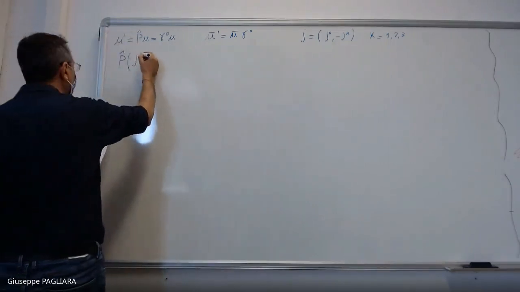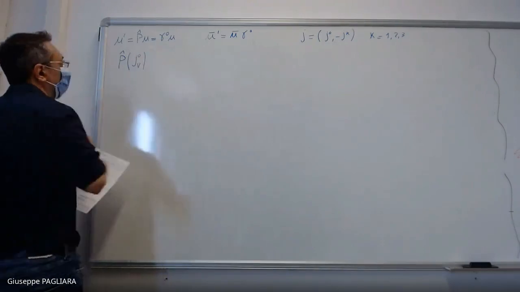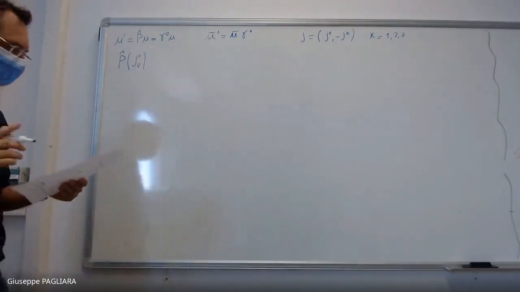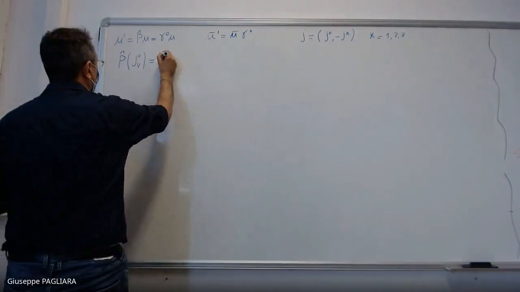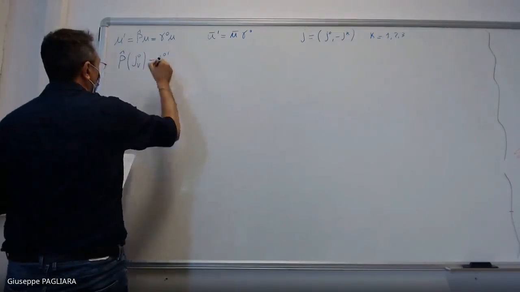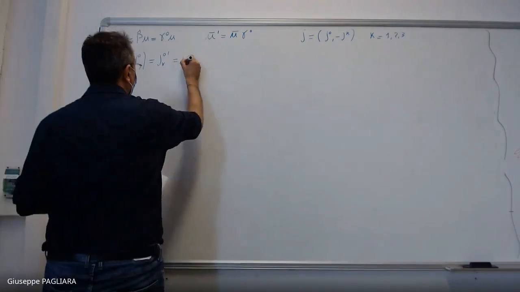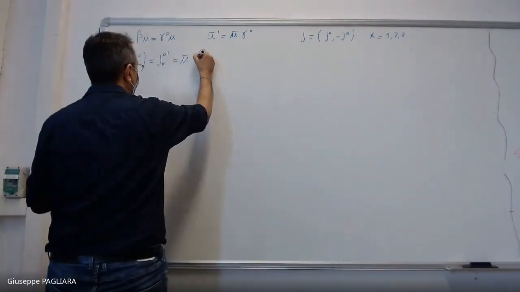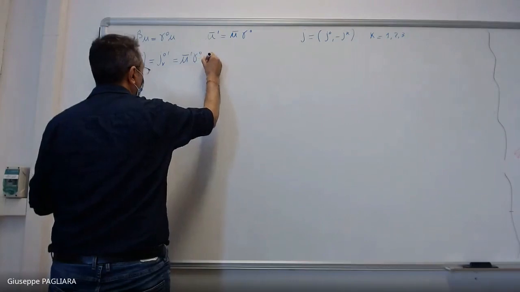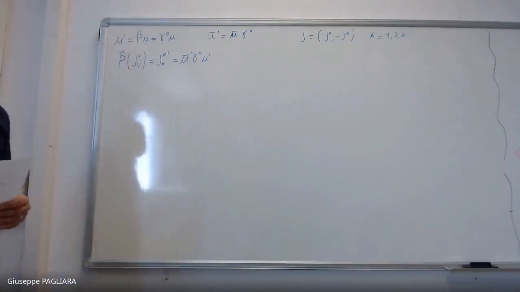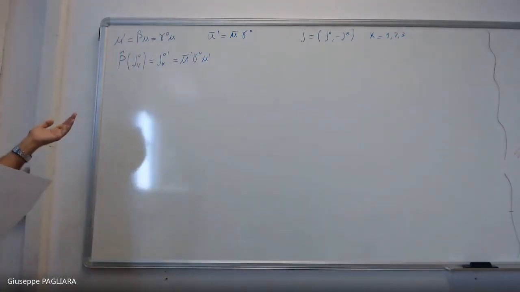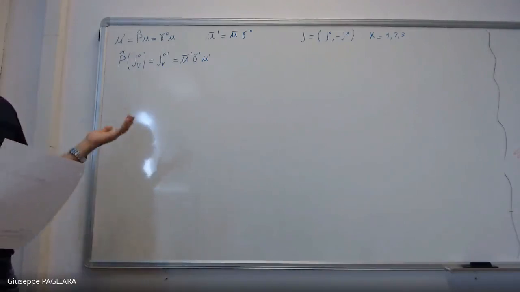So J0 vector prime is the parity transform. So this is u bar prime gamma 0 u prime. Okay, the transformed current is given in terms of the transformed spinors.